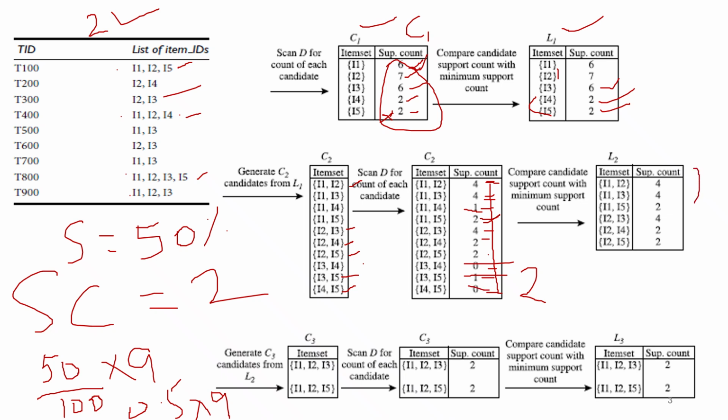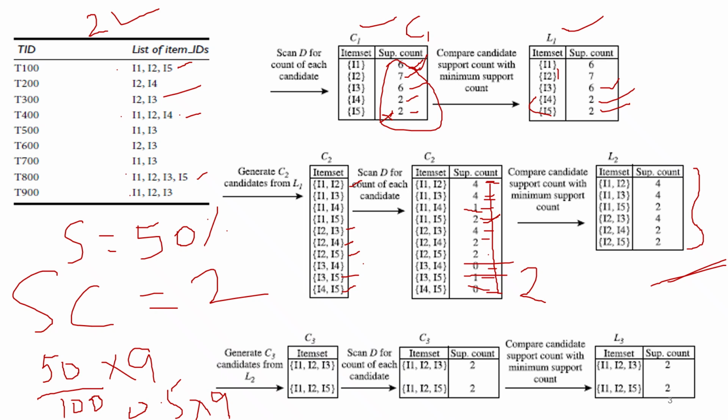These are the candidate keys generated after scanning the C2 items. So what is the workflow till now? I scan the database for each candidate in C1, which are single items, and find the occurrences of each item.